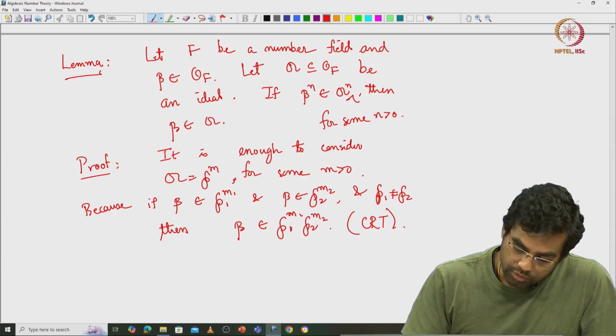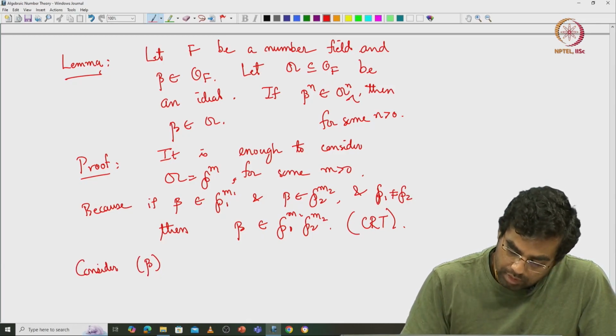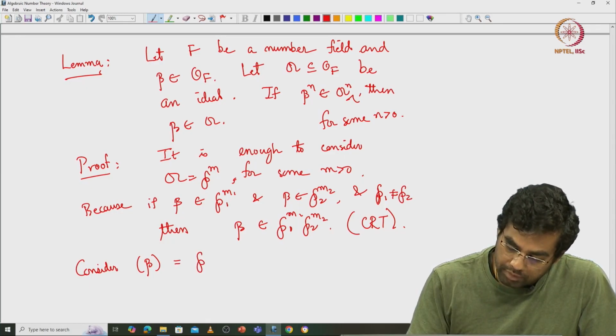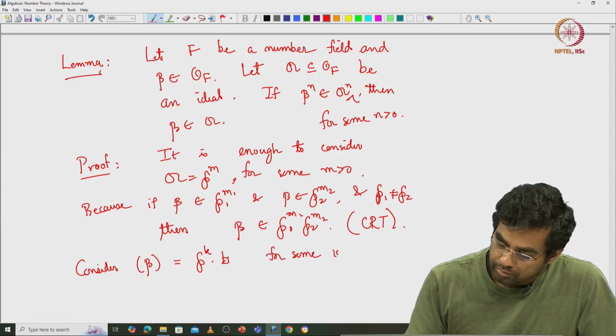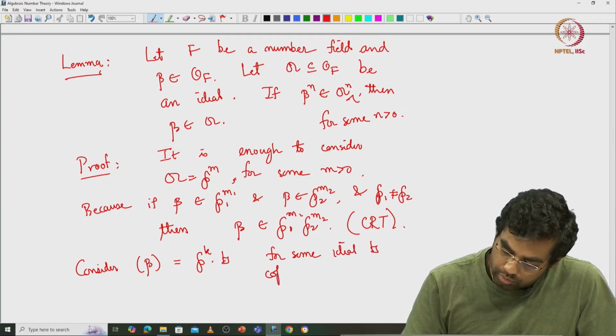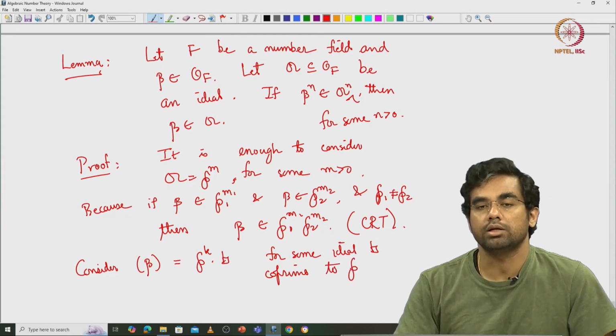All right. So, what you do is you consider the ideal generated by beta. Okay. Now, this will be equal to P to some power k and then some other ideal B co-prime to P. We can always write it in this way.